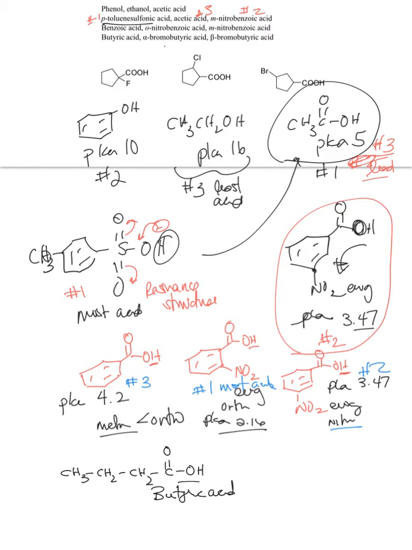Okay, we have alpha-bromobutyric acid. So now we're looking at the alpha carbon here. Okay, and we're going to put a bromo substituent. So we'll decrease that by a hydrogen, and that's your alpha bromo. And then we have beta bromo. So beta bromo would be this one here. So this is your alpha, this is your beta.